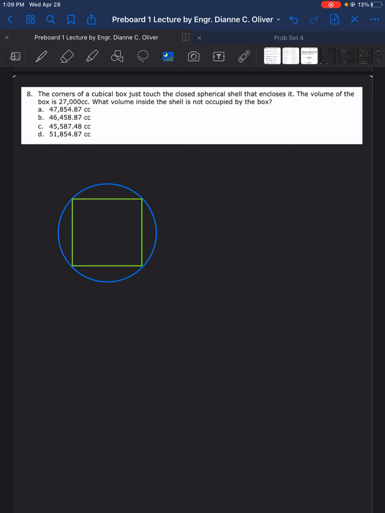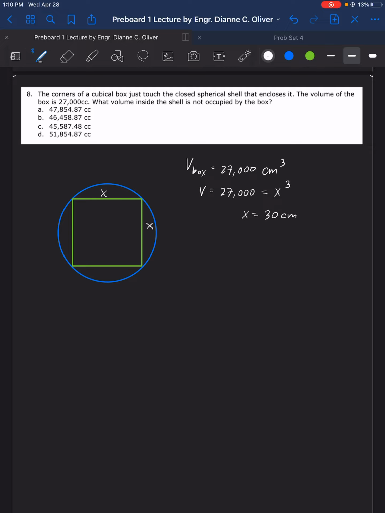So that's the box inside a spherical shell. Now given is the volume of the box, equal to 27,000 cubic centimeters. Now if we name this side X, we can definitely get the value of X. So 27,000 is X raised to 3, for the volume of the cube. Therefore, X is equal to 30 centimeters.